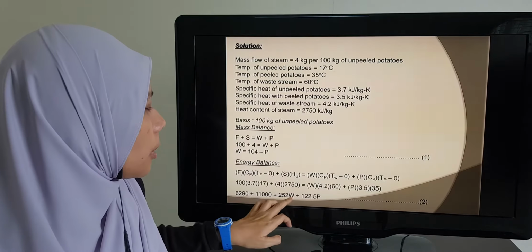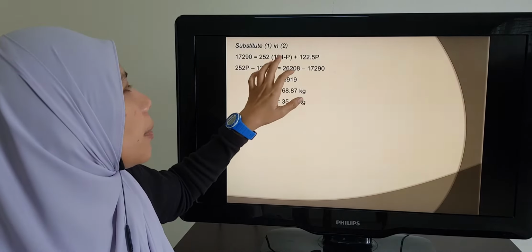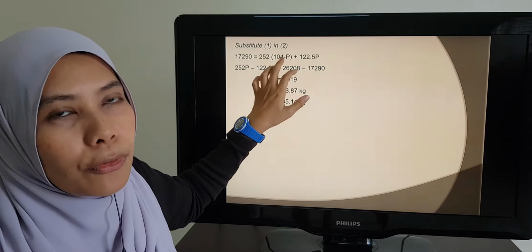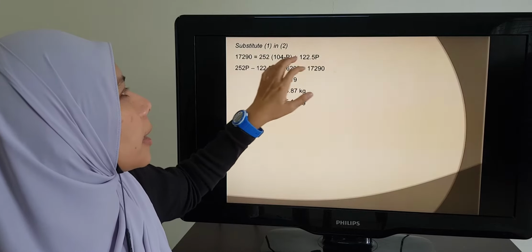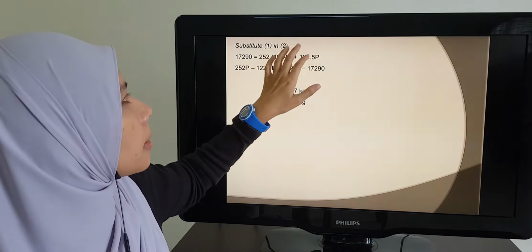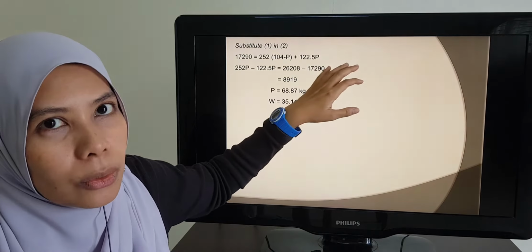So W, put it here: 17,290 equals 252 times (104 minus P) plus 122.5P. This is the second equation. Substitute equation 1 into equation 2.